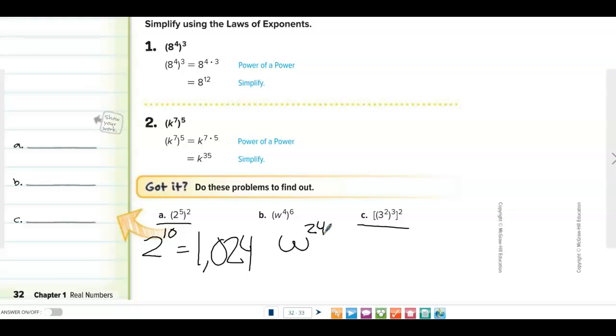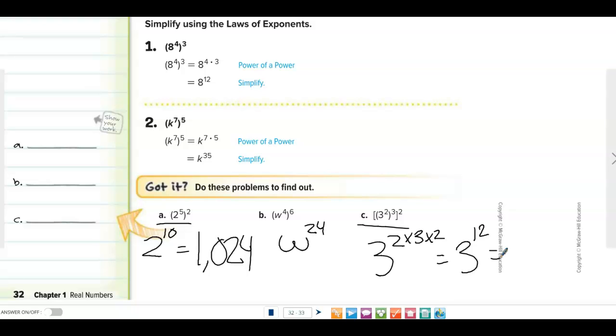Okay, and on C, what did you do? Jack, what'd you do? And what'd you get? 3 to the 12, which actually equals what? Adriana, do you have that one?